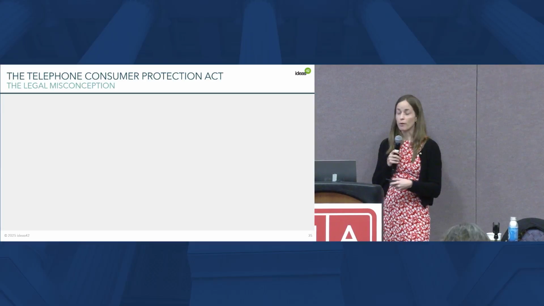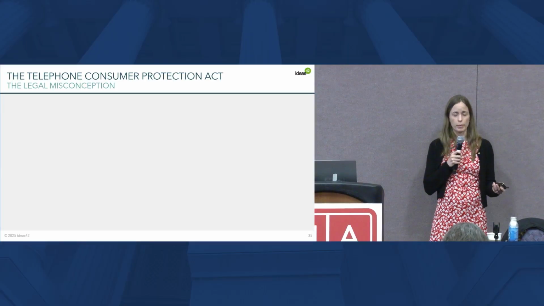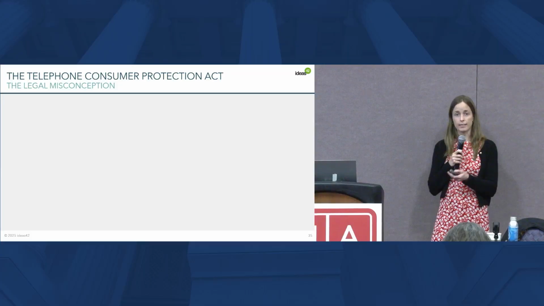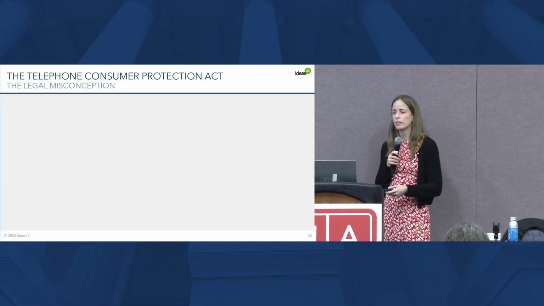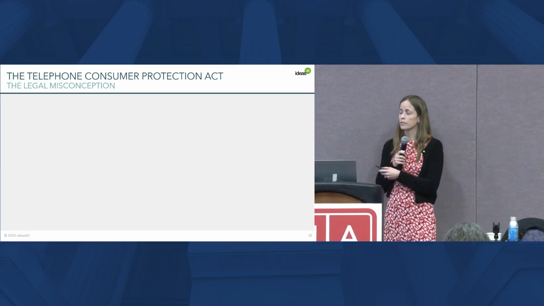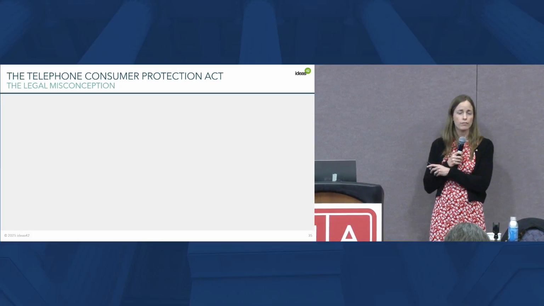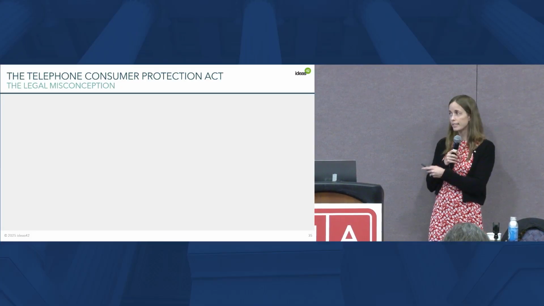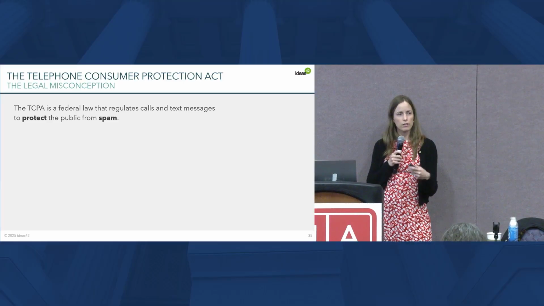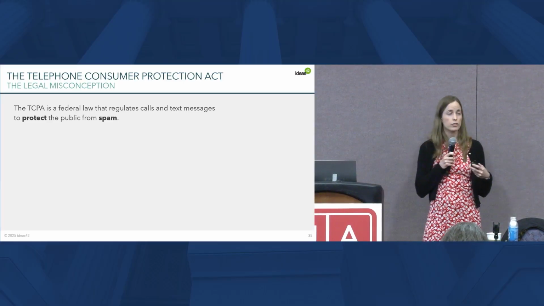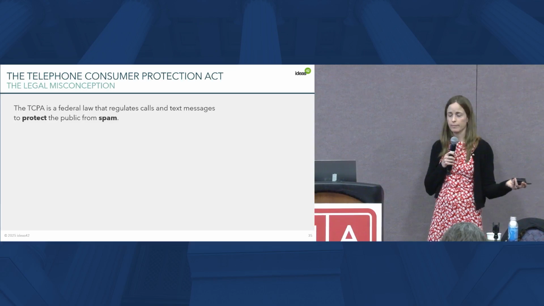All right, so a lot of places do automatically enroll people, including Colorado and Texas at the state level, and a lot of places on the local level as well. But a lot of courts ask questions about the Telephone Consumer Protection Act, or the TCPA. So this is a federal law that regulates calls and text messages, and the goal is to protect the public from spam.